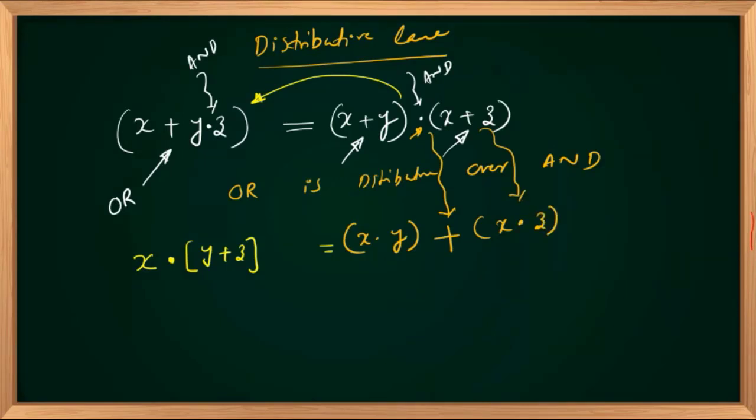So x dot y or z is the same as x dot y plus x dot z. That is called the distributive law, and the second expression is called the dual form of the first expression, x plus yz equal to x plus y dot x plus z.